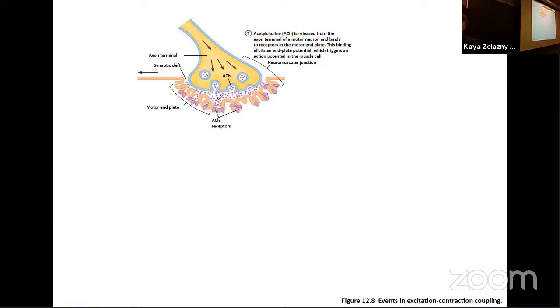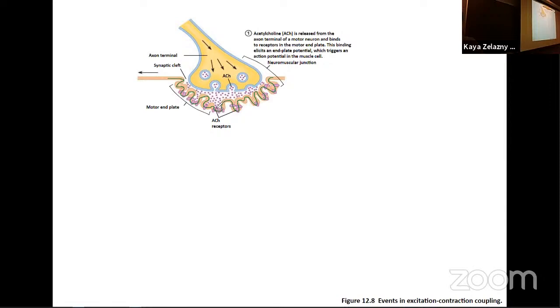Once we have the acetylcholine in this location, it crosses onto what we call the motor end plate. The motor end plate is this twisty part of the sarcolemma, this twisty membrane with lots and lots of cholinergic receptors, ready to receive that acetylcholine.